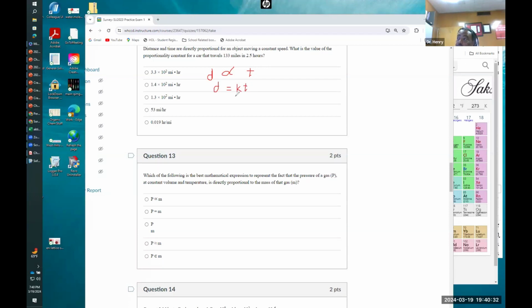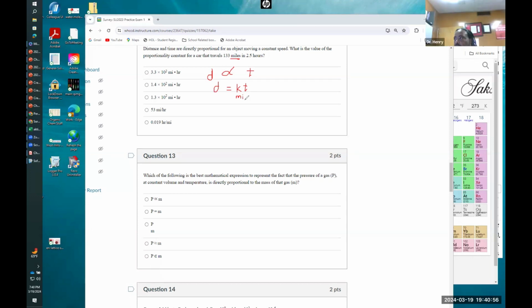So then if we're looking at our units, the units for distance in this case is going to be what unit? Miles. So we want to end up with miles. So we're going to have miles on top for the units of our constant.